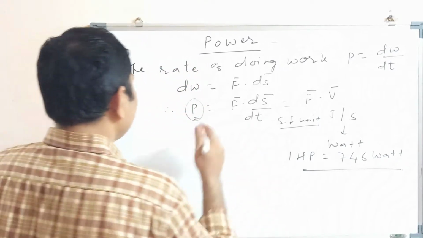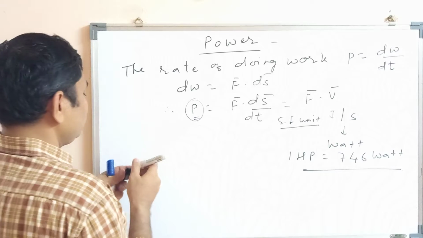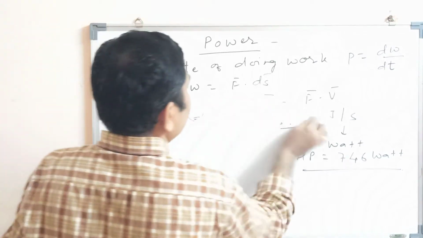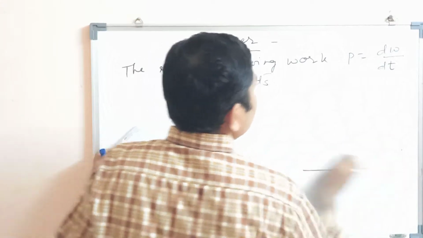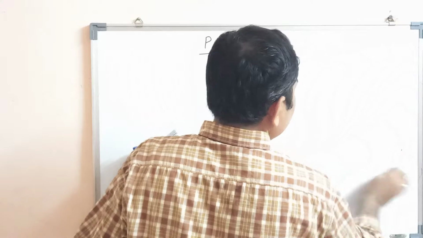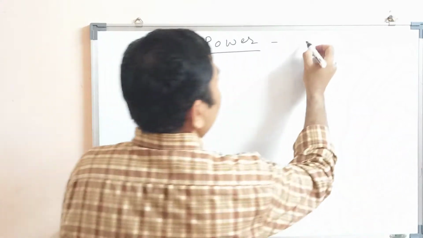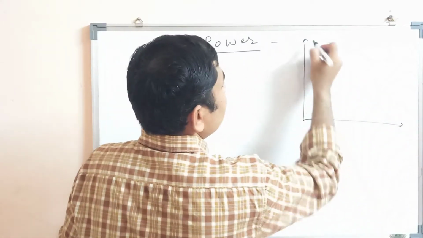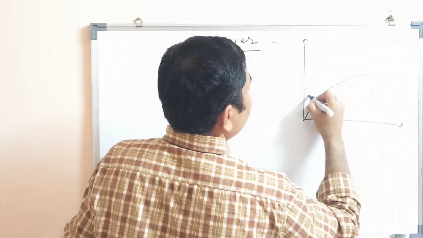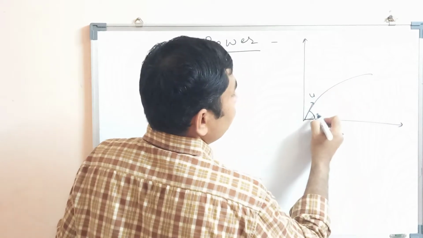Now what we will do is we will solve one problem based on this. Suppose there is a particle, this is launched at an angle theta with initial velocity u.